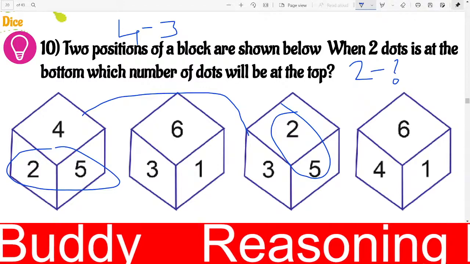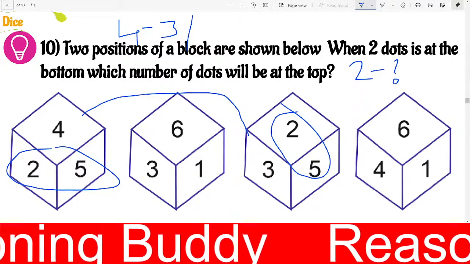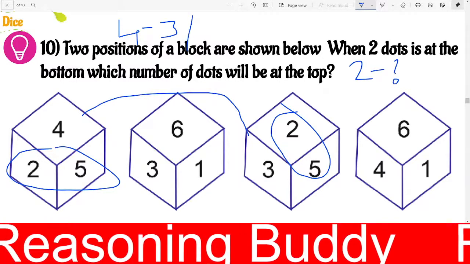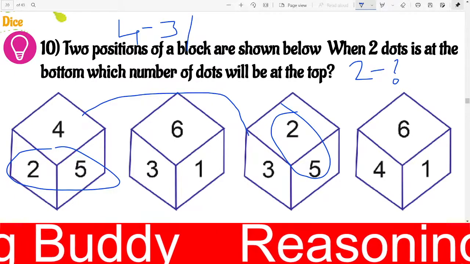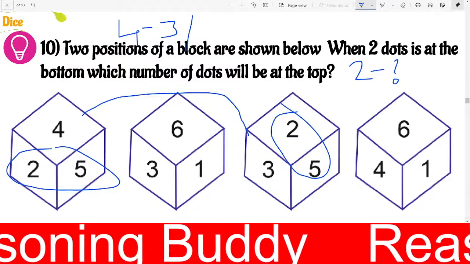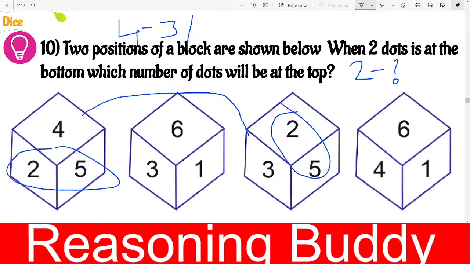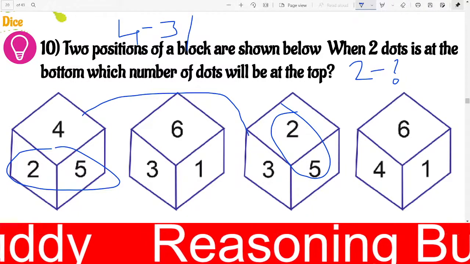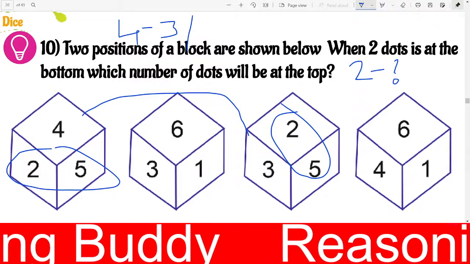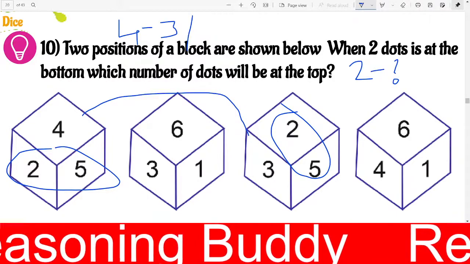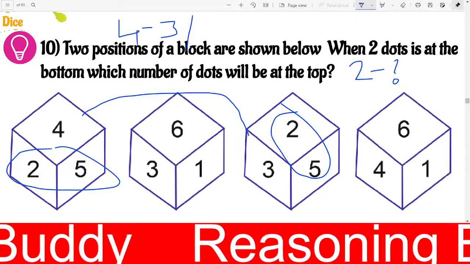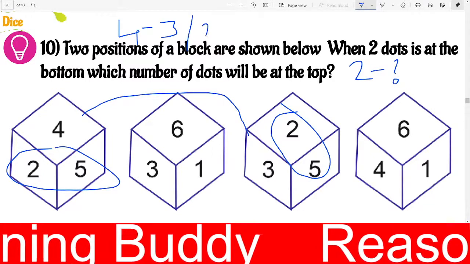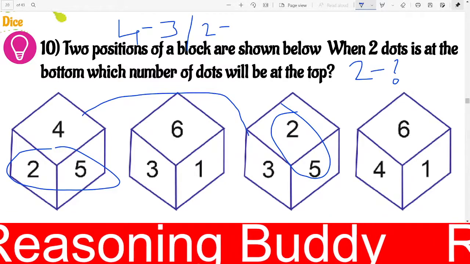So next. Here there are no commons. So I am going for not opposites. That is for 2, here you can see 5.